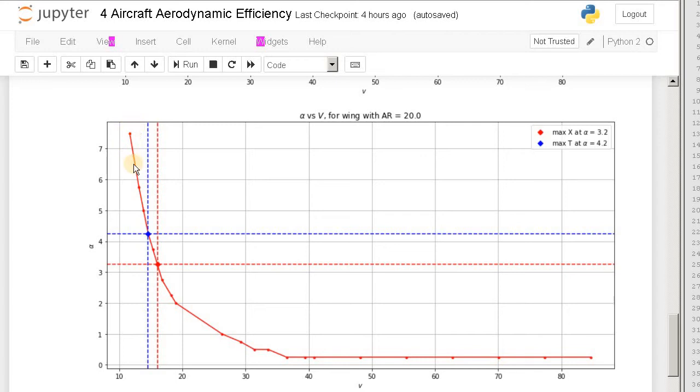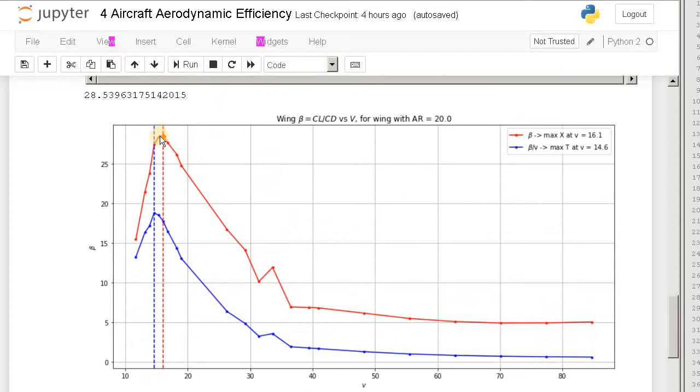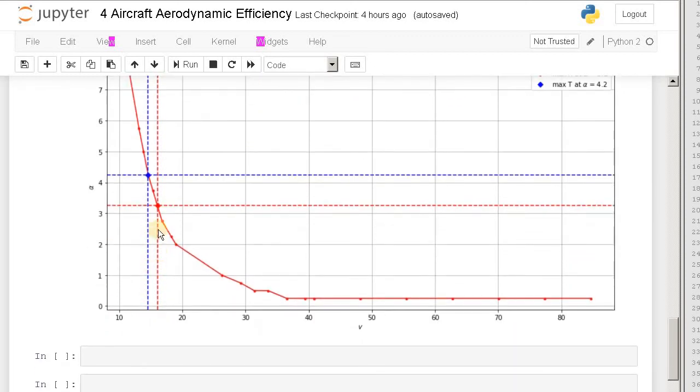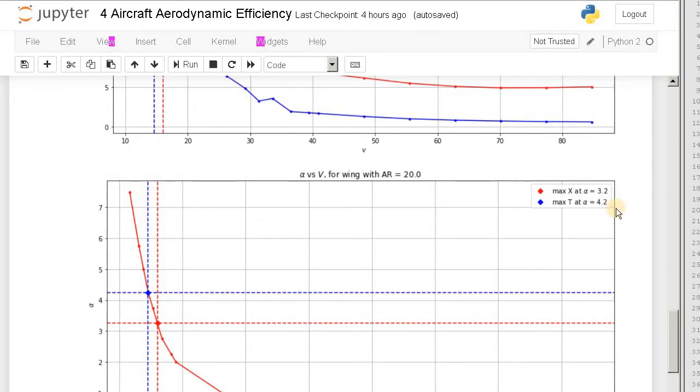So the angle of attack is dropping as the speed increases, which totally makes sense, because if you have small speed you would have to have high angle of attack, but eventually the optimal points are occurring at given speeds, 16 and 14 meters per second. So we can plot those points here, and then we have the corresponding alphas again computed automatically.